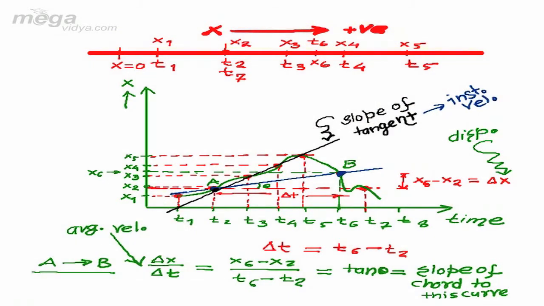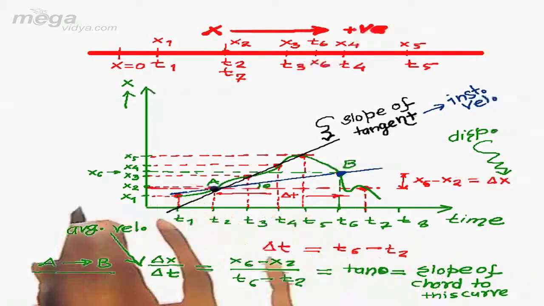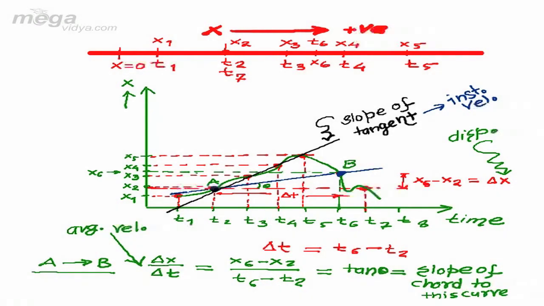I think you can see here that at various places instantaneous velocity can be obtained by the slope of the tangent to the position-time curve, and for average velocity between two times or a large time interval, we just have to draw a chord to the curve between those 2 points, and the slope of that chord gives us the average velocity of the particle between the corresponding times.